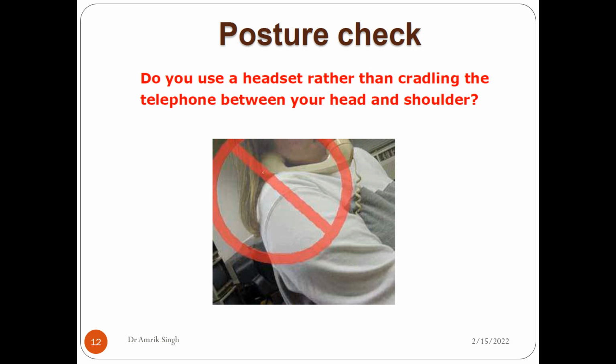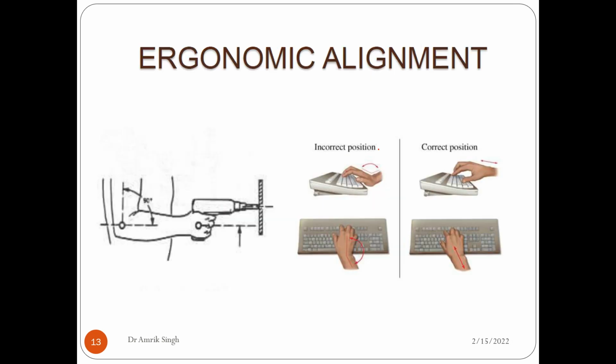Earlier, people used to use this handset. And nowadays, instead of the handset, people are using the mobile phone in this posture. So the shoulder and head get severe problems nowadays. So the posture should be proper.